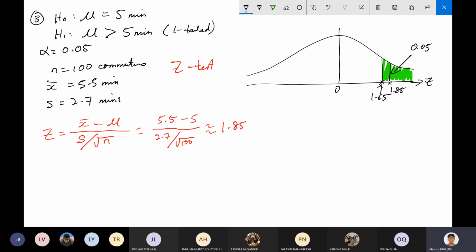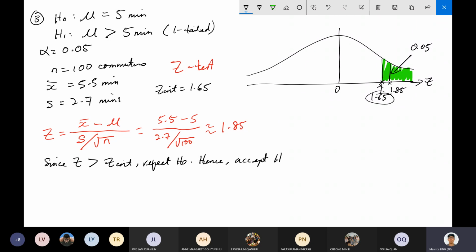So then you write: since the z-score is more than the z critical value, because the z critical value is 1.65, you reject the null hypothesis, you accept the alternate hypothesis. Then what does it mean?